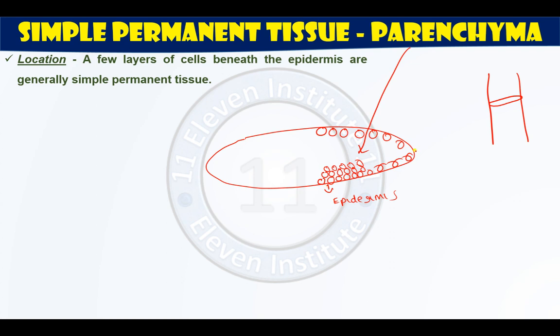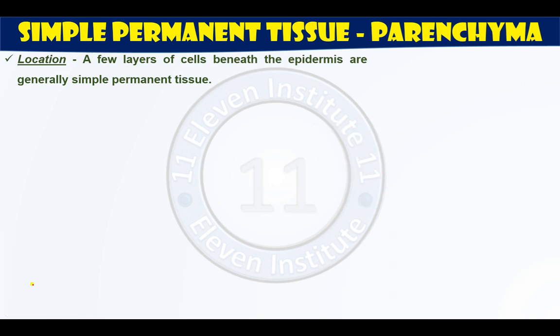These few layers of cells just below the epidermis, the outer covering, are known as parenchyma, or generally they are present over there.